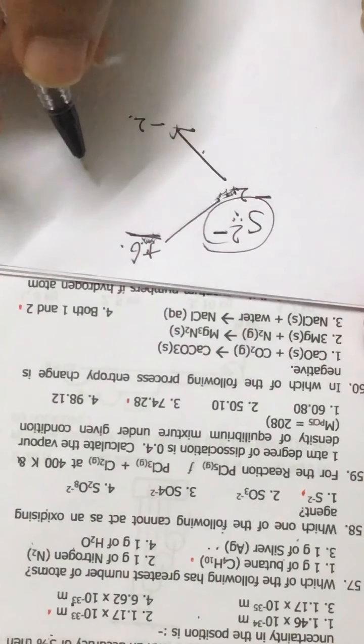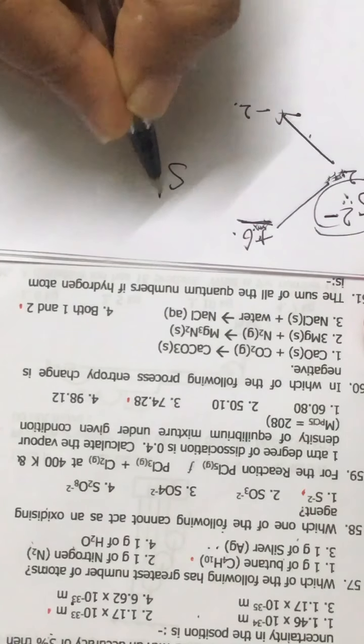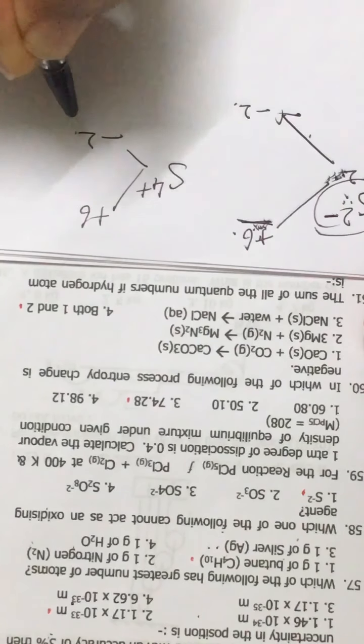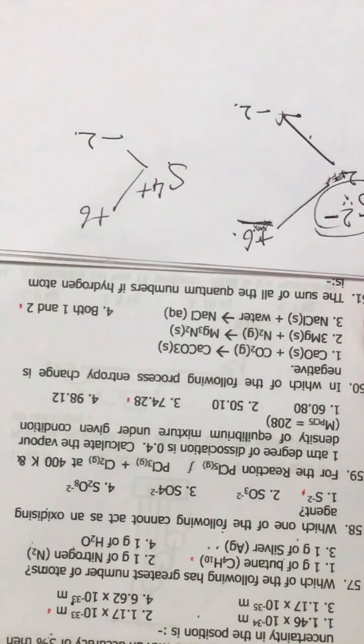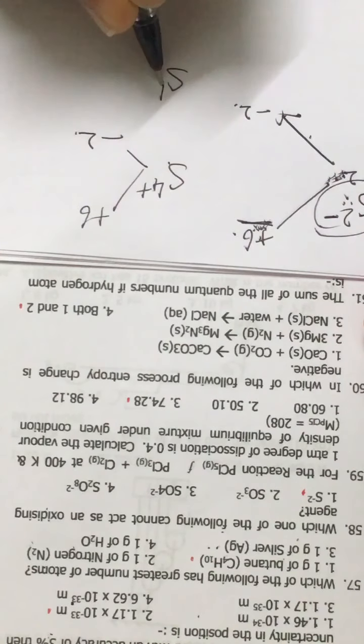Like SO3 2 negative, if you look at SO3 2 negative, the oxidation state is +4. Alright. Now it can be oxidized as well as reduced. That means SO3 2 negative can behave like oxidizing agent as well as reducing agent. Whereas sulfate ion, oxidation state is +6.